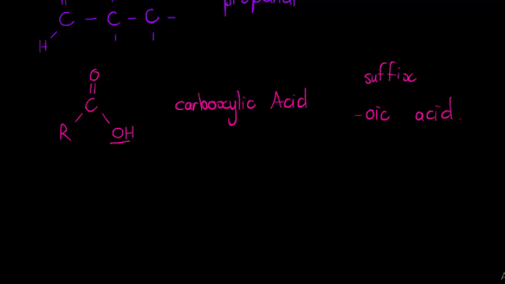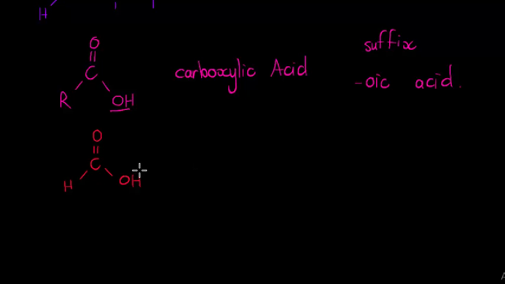Okay, so let me give you the simplest. Carboxylic acid would be, as an example, a carbon double bonded to an oxygen, single bonded to a hydrogen, bonded to OH. Okay, and this one's name is methanoic acid.